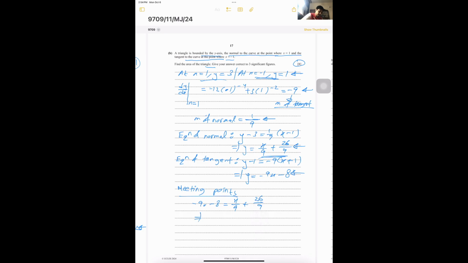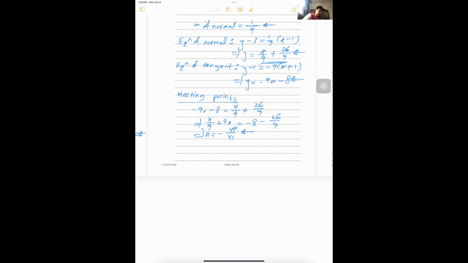So x by 9 plus 9x equal to minus 8 minus 26 by 9. 1 divided by 9 plus 9 is this. So just do it in our calculator. Minus 8 minus 26 divided by 9, into 9 by 82. I'm not sure. Okay, it's coming minus 49 by 41.